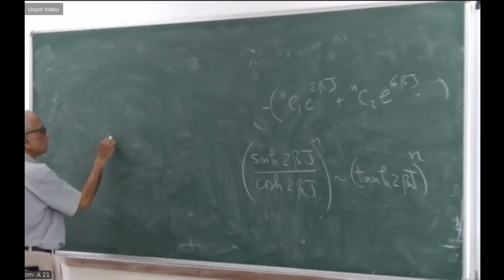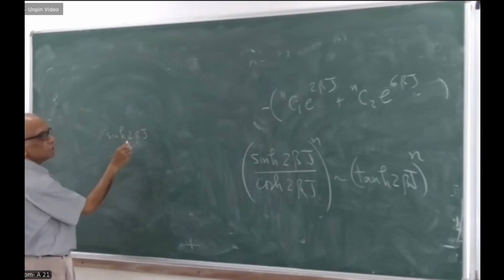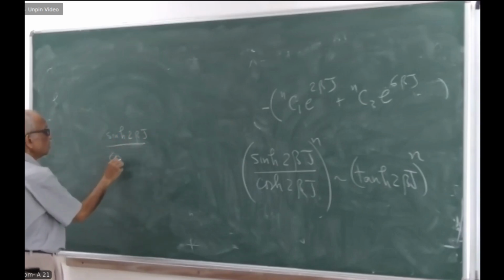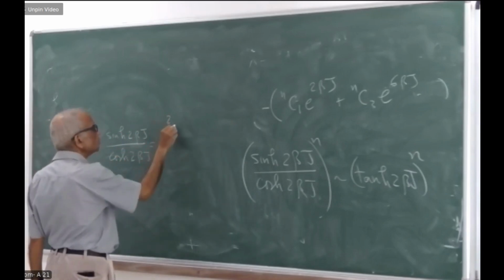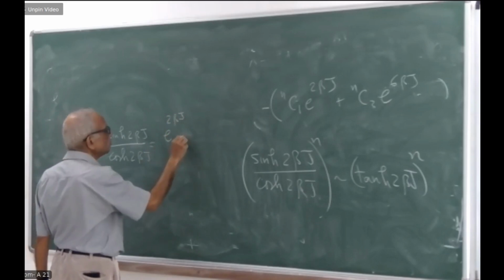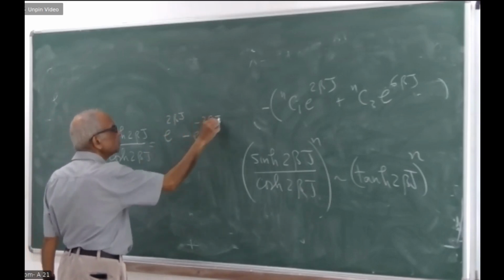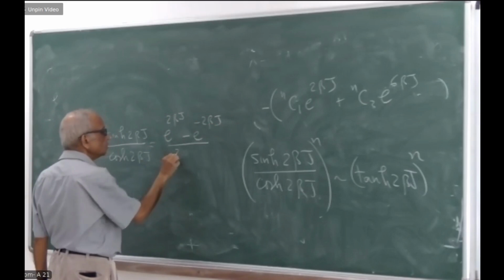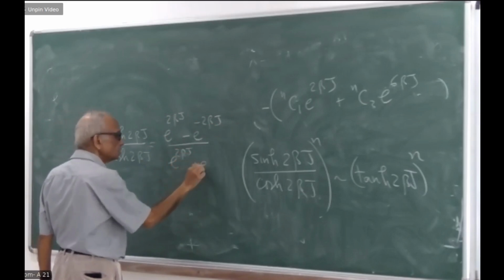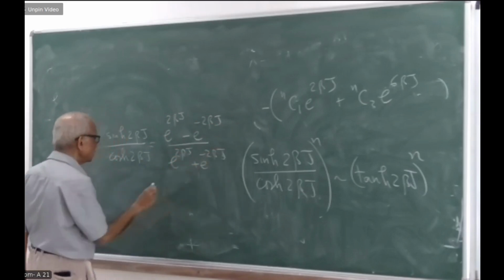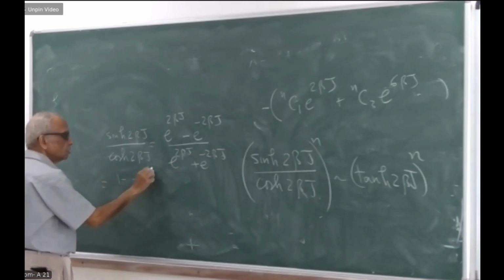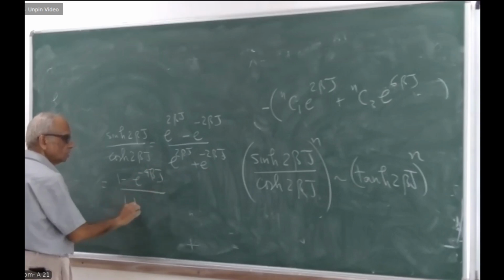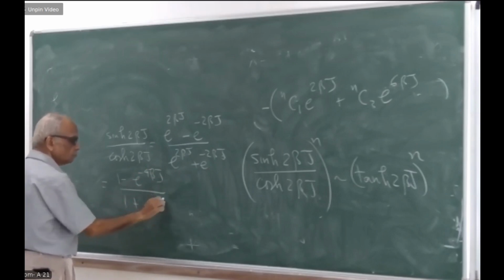So it is sine hyperbolic 2 beta j divided by cos hyperbolic 2 beta j, which is e to the power 2 beta j minus e to the power minus 2 beta j, over e to the power 2 beta j plus e to the power minus 2 beta j, which is 1 minus e to the power minus 4 beta j over 1 plus e to the power minus 4 beta j.